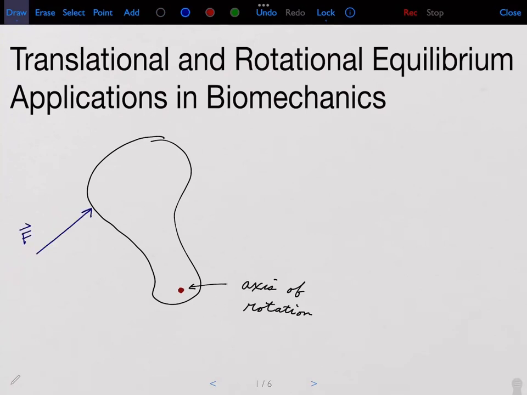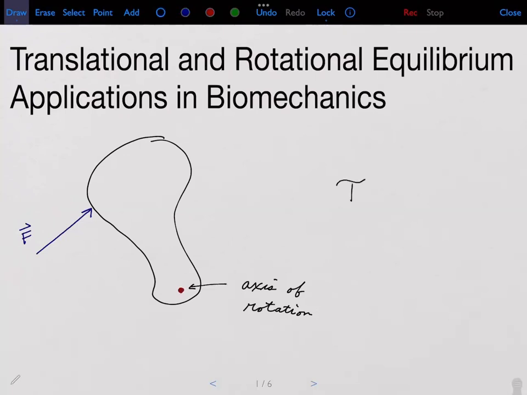And if you think about this, that force is going to cause this object to rotate about the axis of rotation, right? So in fact, it'll cause it to rotate, in this case, clockwise. So we can compute a quantity that describes the rotational ability of that force, and that's what's called a torque. So usually torques are denoted by the Greek letter tau.